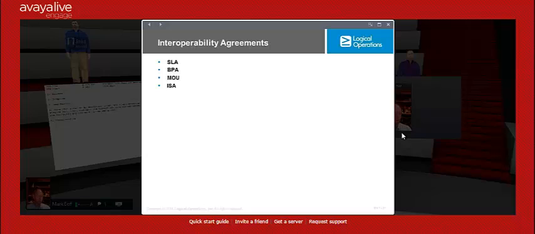So these SLAs are there to give you some level of control over systems that you don't own.